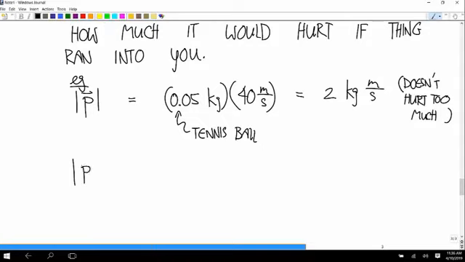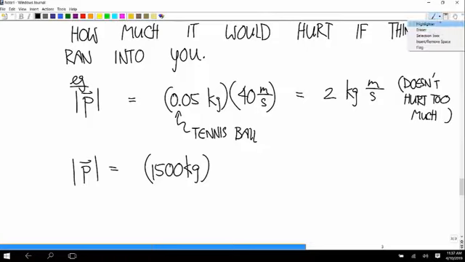And now let's think about the magnitude of the momentum for a Ferrari. What's the mass of a Ferrari? 1,000 kilograms. Okay, I don't know. Let's imagine it's whatever kind of car weighs 1,500 kilograms. Actually, I'm going to make it 1,000 because it's so much easier for me to calculate.